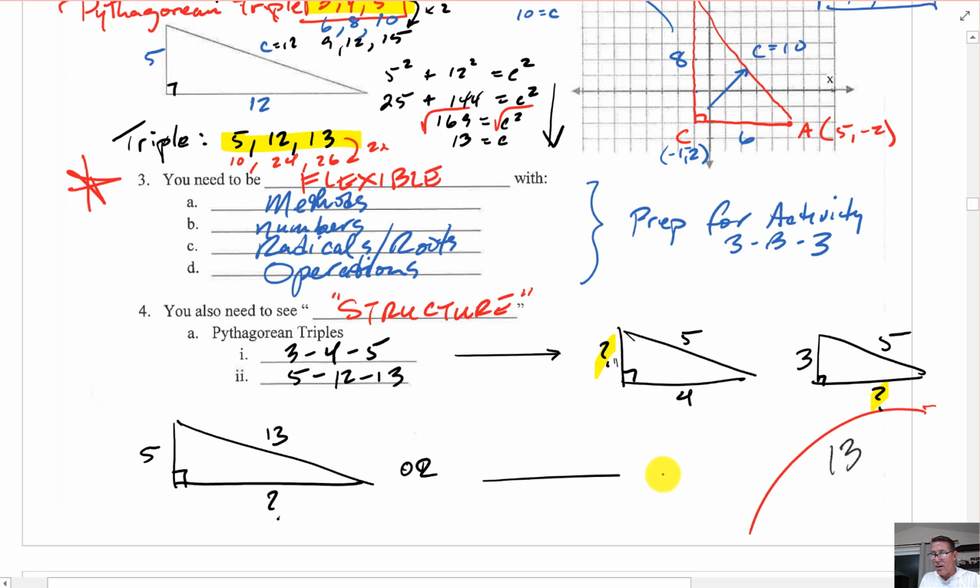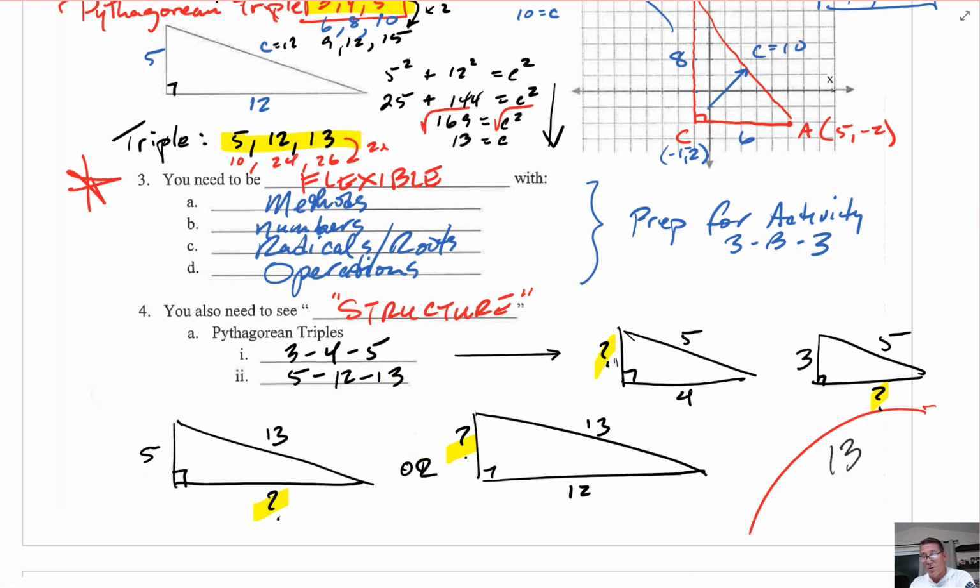Or if I drew it again and said this is 13 and this is 12, and I said find the short leg. Whether I ask you to find the long leg or the short leg, it's easy. Why? Because you know the structure. You know the Pythagorean triples, at least the first two. There's an infinite number of them, but at least you know the first two.